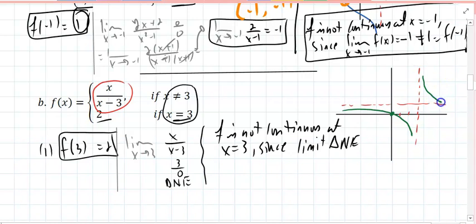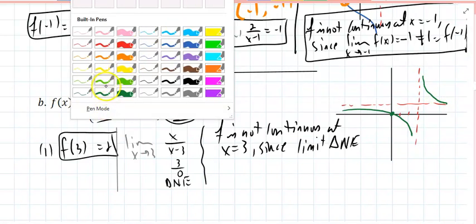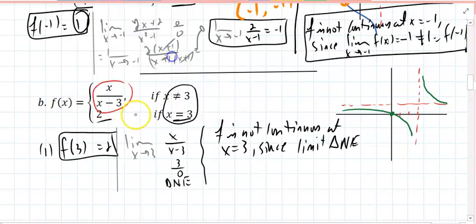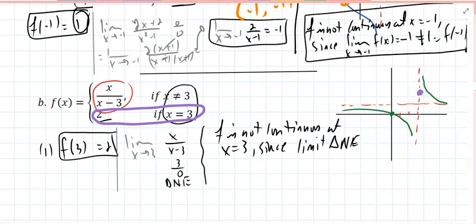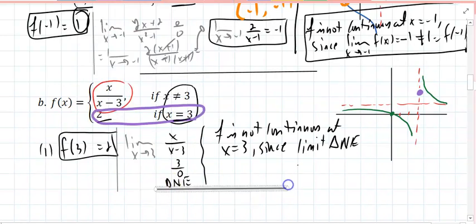That's how the graph looks. And this piece says there's a point when x equals 3, y equals 2. So you could tell the limit doesn't exist because there's an infinite break.